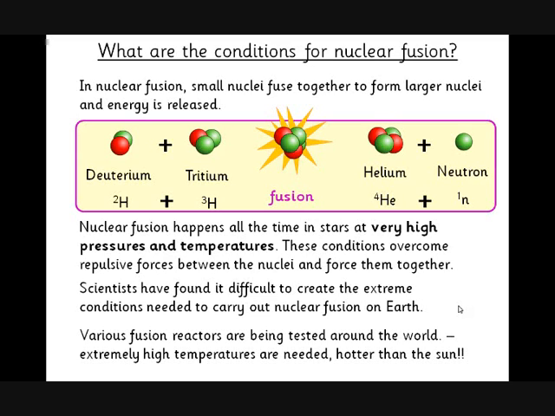And the biggest problem at the moment is that it's pointless, because the electricity and energy we use to cause fusion is more than the energy or electricity we can get out. So at the moment it's not very good, but research is still going on.